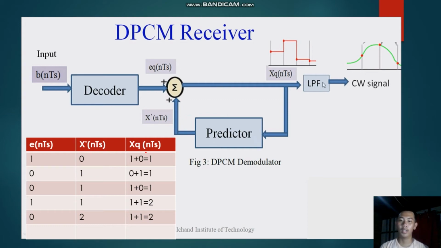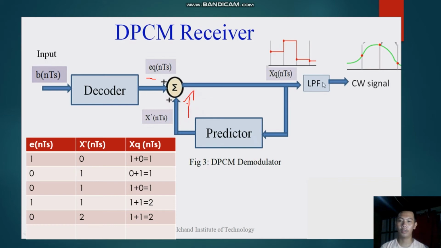So our xq sub nTs is 1 plus 0, which is equal to 1. So next we have here an input of 0, predicted signal of 1. So our xq sub nTs is 0 plus 1. So our xq sub nTs is our input plus our predicted signal.